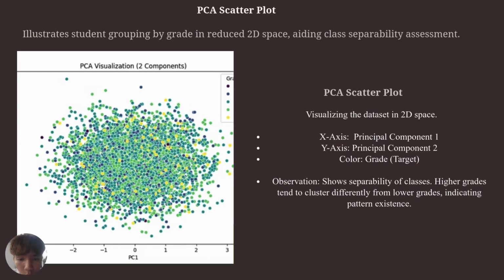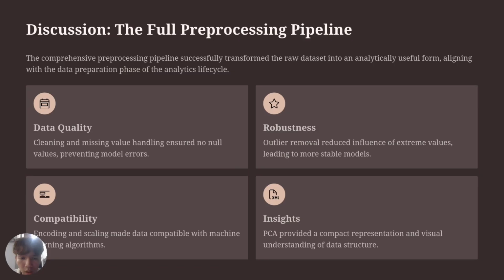So the quality of this processing is the guarantee that our future model selection and training will yield accurate, stable, and generalized results. So we want to emphasize the fundamental benefits we gain from investing time in the preparation phase. First is data integrity: handling missing values and removing noise ensures our data is complete, preventing unexpected errors during model training. Second is robustness.